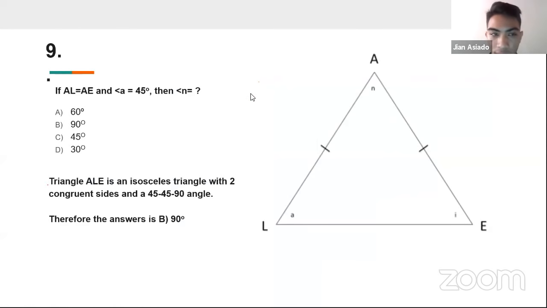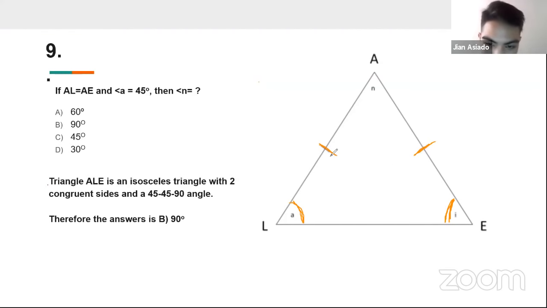Okay, now, ito naman, another pa, if AL is equal to AE, no? So, ibig sabihin, isosceles triangle siya, dalawang equal side, no? Tapos si A, 45, no? And then, ano si N? So, kapag isosceles yung triangle mo, yung dalawang magkatabi, well, lahat naman sila magkatabi pala.